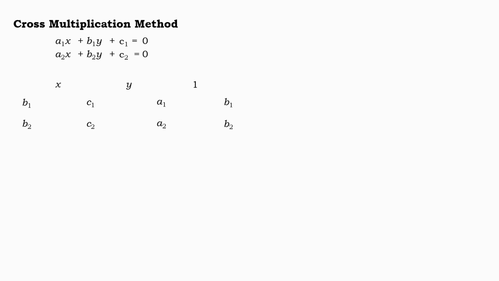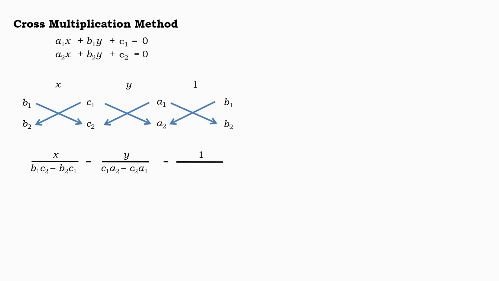Finally, we form three ratios. x is equal to b1c2 minus b2c1 in the denominator. y is equal to c1a2 minus c2a1 in the denominator. And 1 is equal to a1b2 minus a2b1 in the denominator. By comparing these ratios, we can find the values of x and y. This method is very useful when equations are in standard form and helps us solve them quickly.